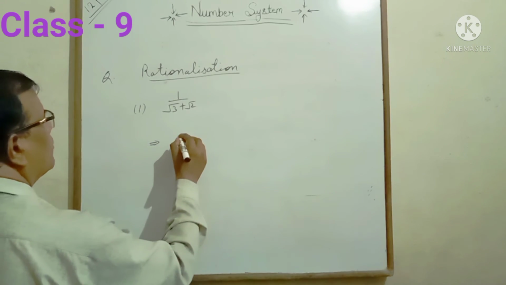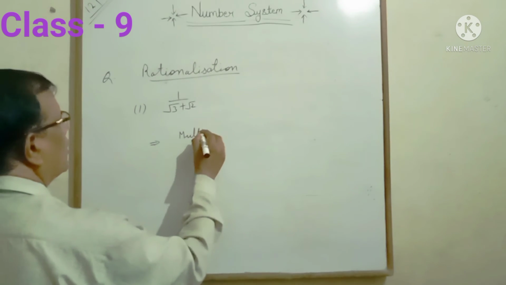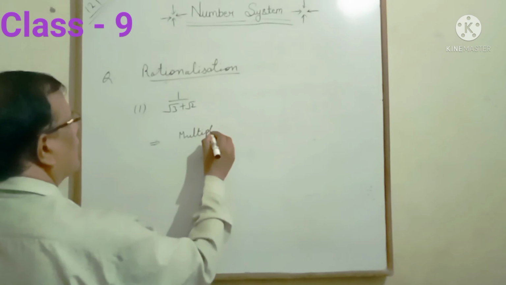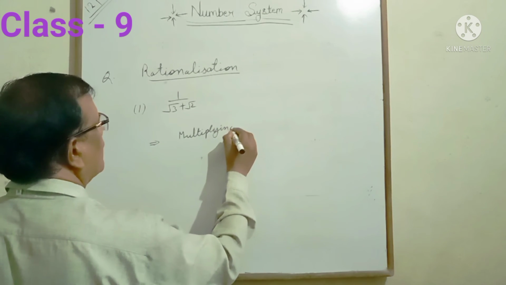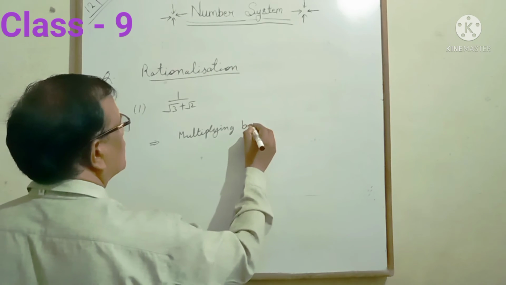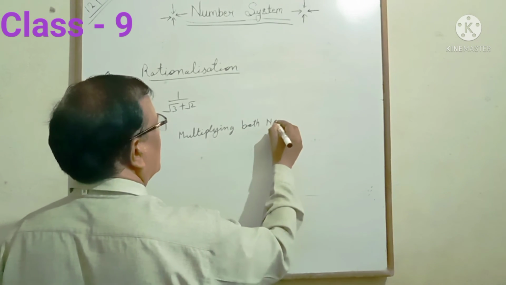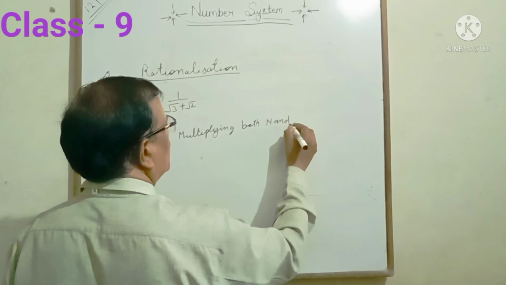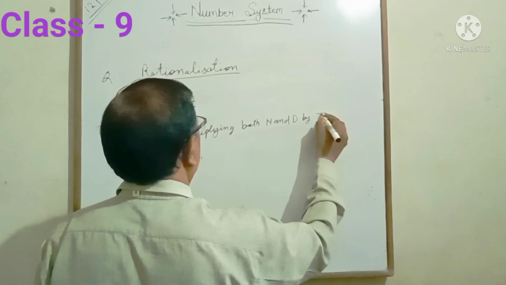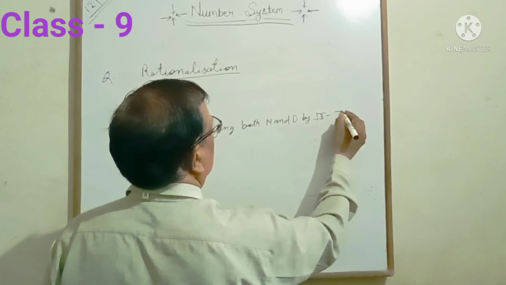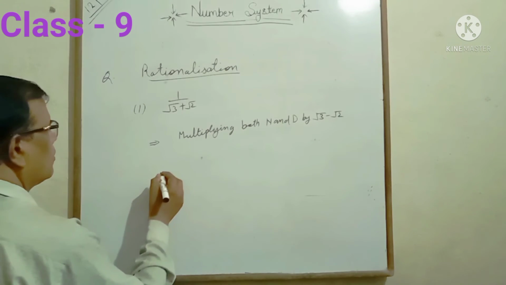And how we rationalize it: multiplying both numerator and denominator by root 3 minus root 2.